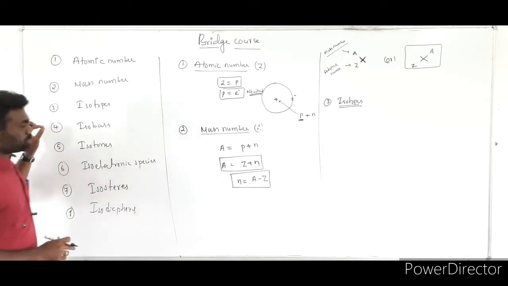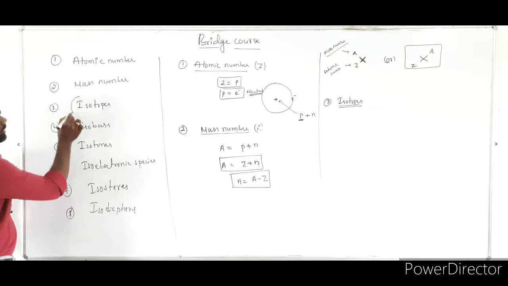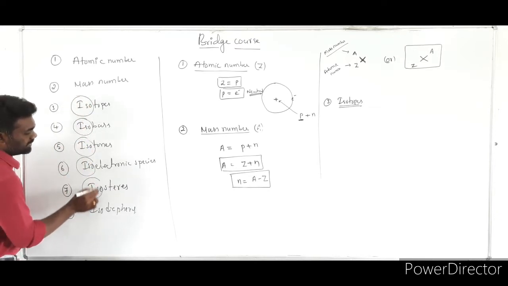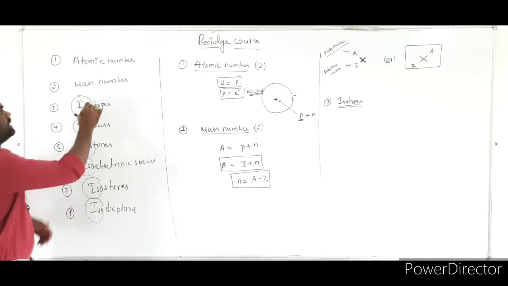If you look at these terms, isotopes, isobars, isotones, isoelectronic species, isosters, isodiaphers, the only common point you can identify in all the cases is iso. If you understand the meaning of this iso, you will get all these concepts very easily, a very simple topic. Iso meaning is same.